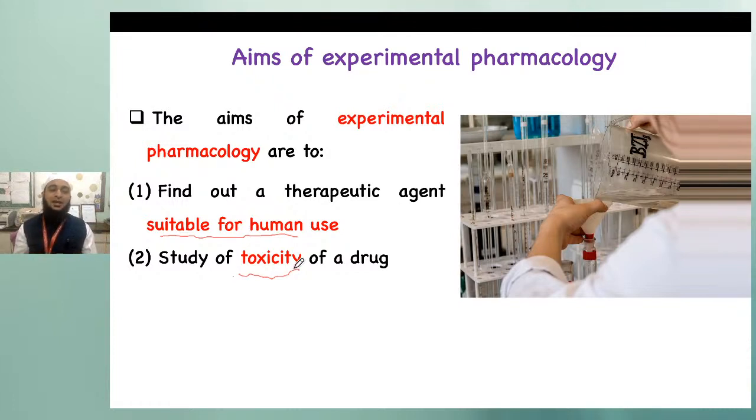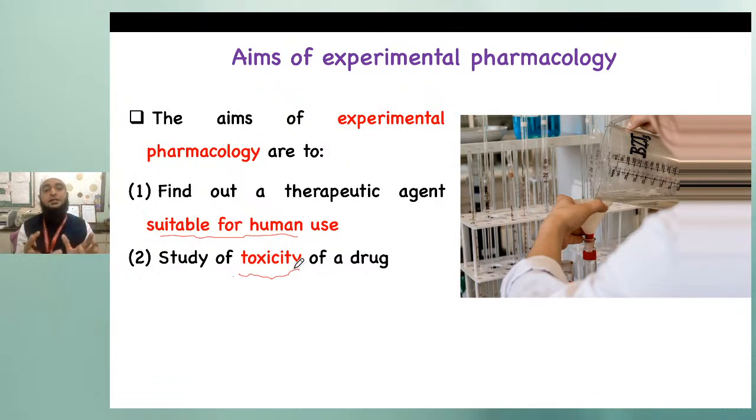And do you think it is possible to study toxicity of the drug directly on human beings? Is it feasible, or can you afford heart failure in the patient? Can you afford complete liver damage of the patient? I think no. Why? Because the human being is very precious. So you first study the toxicity of the drug on animals, or nowadays on zebrafish, or you can use different in vitro models or other alternative systems, so that there is no need to even use animals, isn't it?